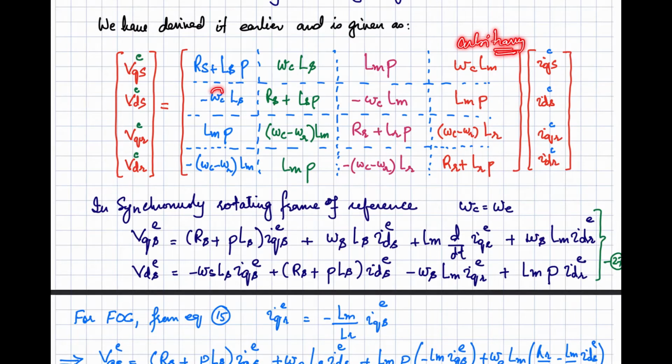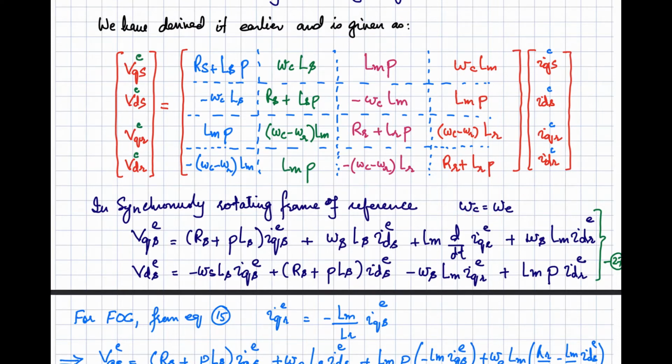That's why we are representing this speed with omega c, where this omega r is the speed of the rotor. You can translate your motor model in any frame of reference by proper selection of this omega c. In the synchronously rotating frame of reference, omega c is equal to omega e.